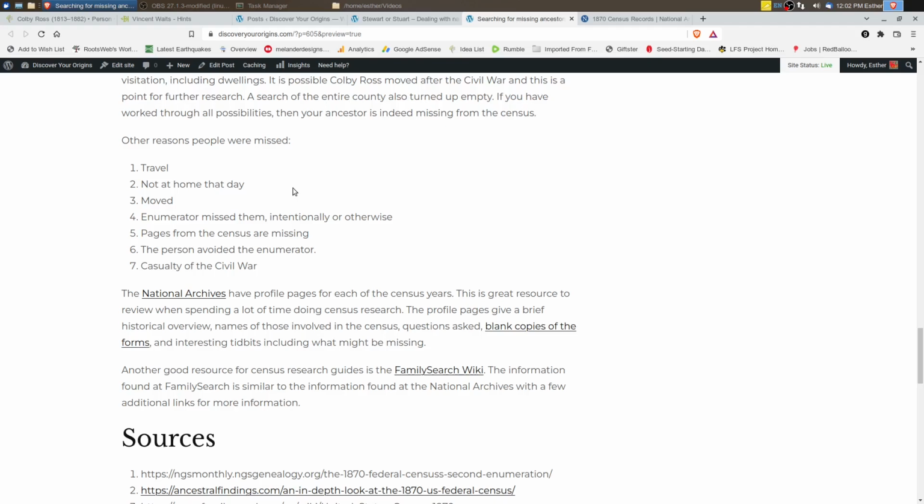A person may have dodged or avoided the enumerator, and it's also possible that your ancestor was a casualty of the Civil War. So if they died previous to 1869, then they just wouldn't be in the 1870 census.